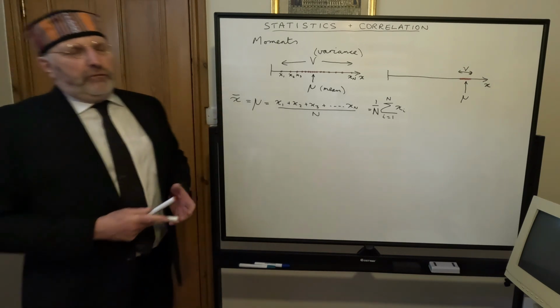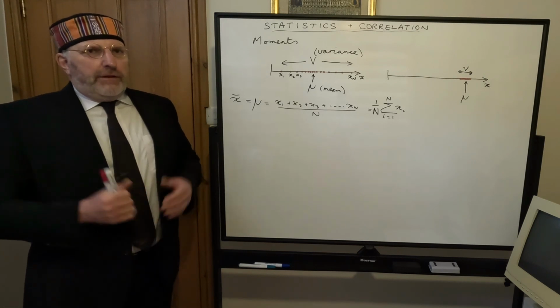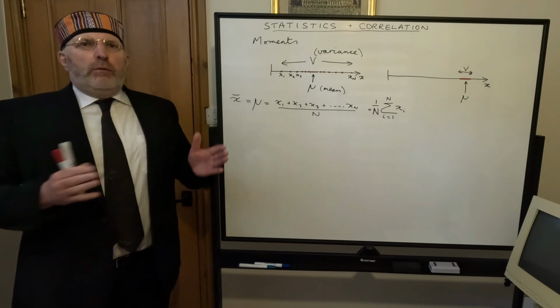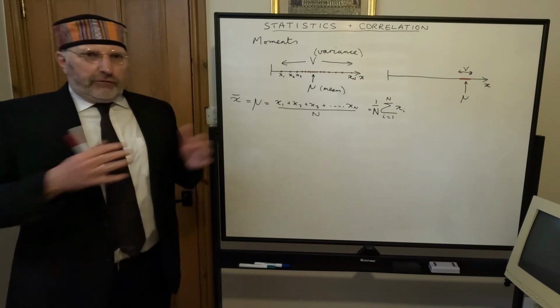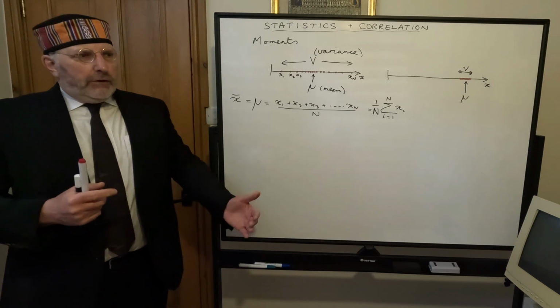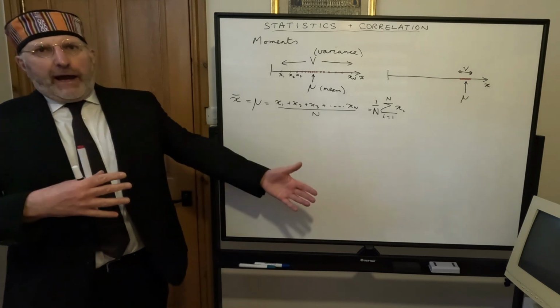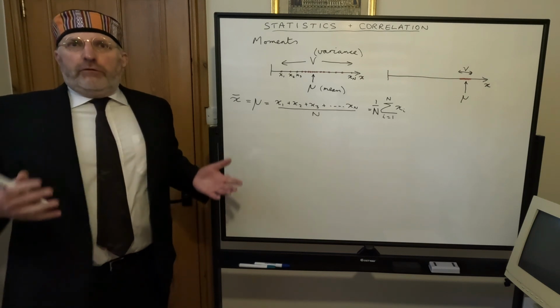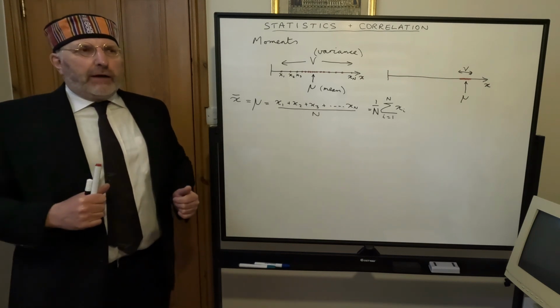And what it means basically is this is the value that the variables would have if they were all the same, but gave the same total. So it might be, for example, a country collects tax from all its citizens, and people pay different amounts of tax.